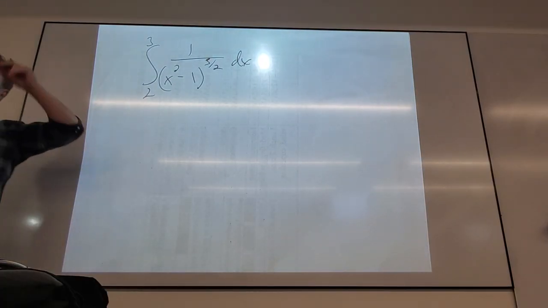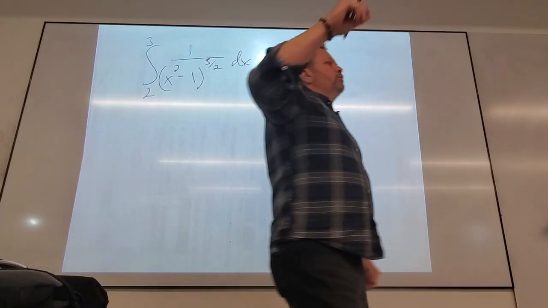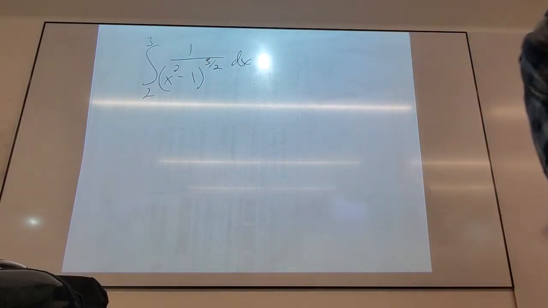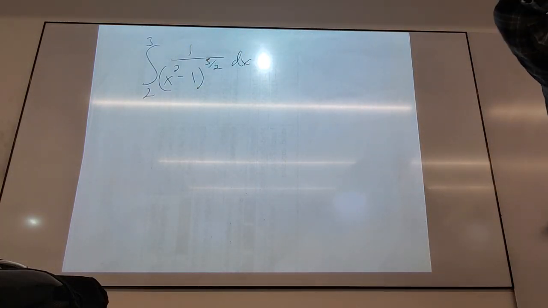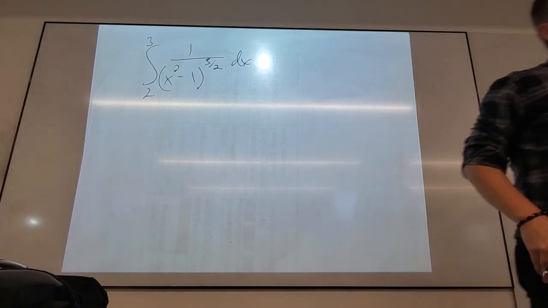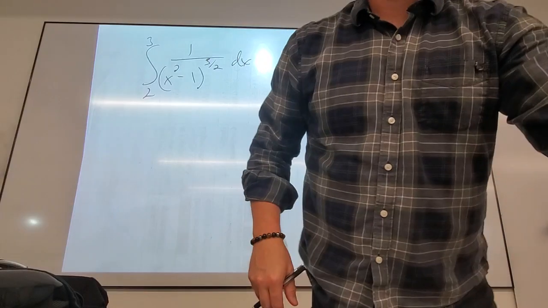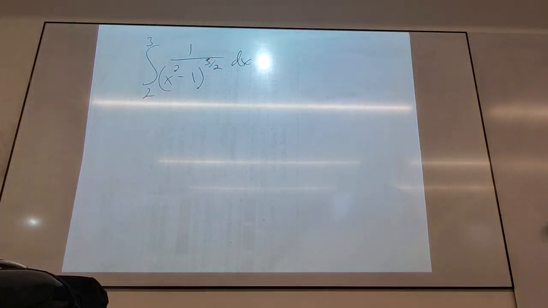Okay. All right, cool. So I warned you guys that trig sub will work even if it's not a radical, or if it's more than just a 1/2 power. So are you guys at a point where you're comfortable taking a second and figuring out what sub you should use?